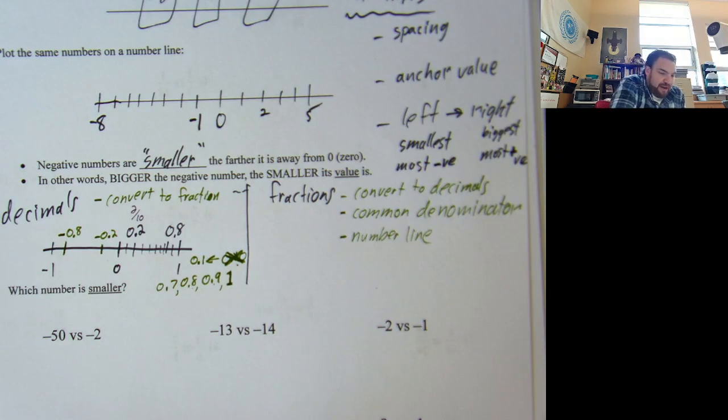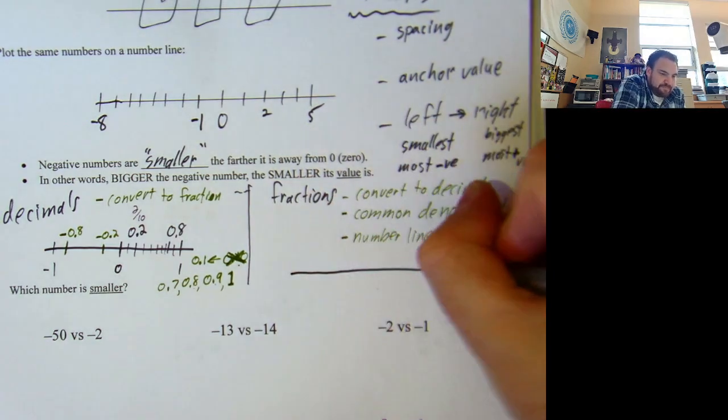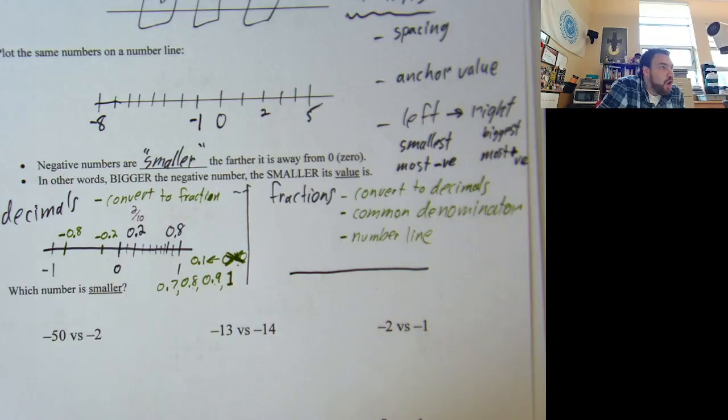Let's throw down a number line here. All proper fractions fall between what two numbers? 1 and 100? Nope. 0 and 1.